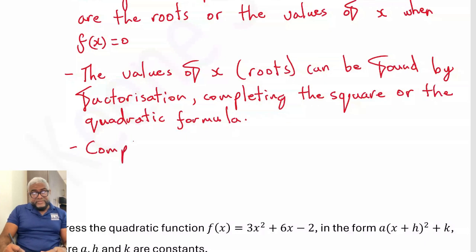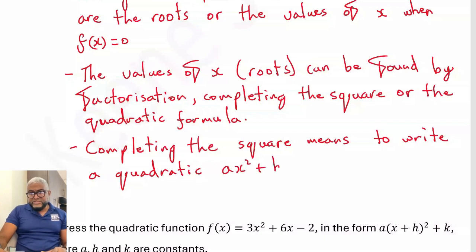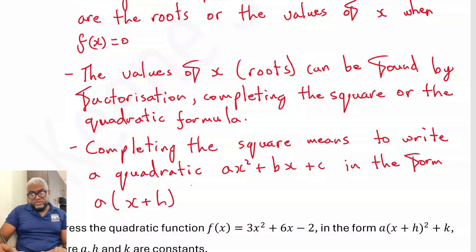Completing the square means to write a quadratic, which is ax squared plus bx plus c, in the form a open brackets x plus h close brackets squared plus k.